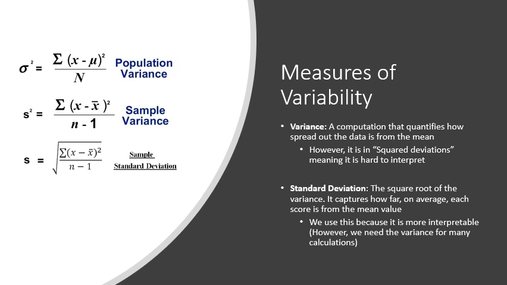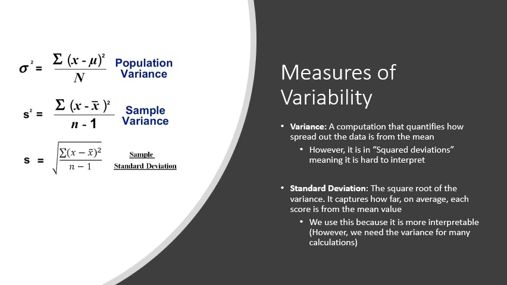A squared deviation is however far apart something is from the mean, squared, which is really hard to interpret. However, we need the variance because it's extremely useful in mathematical computations and statistics, so it's actually a pretty necessary part.